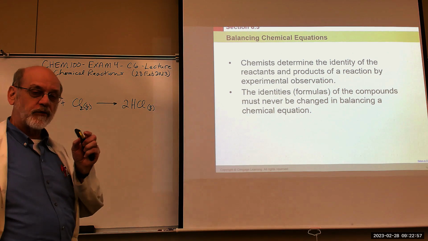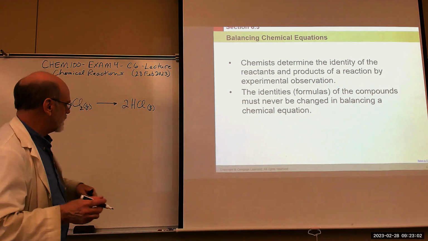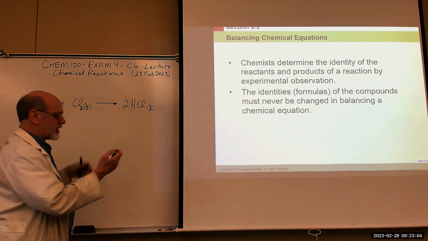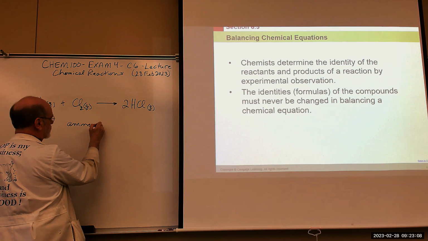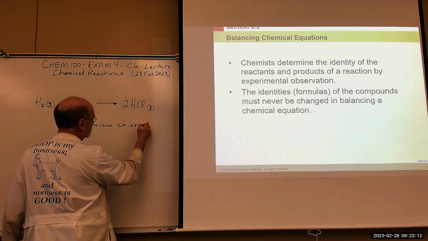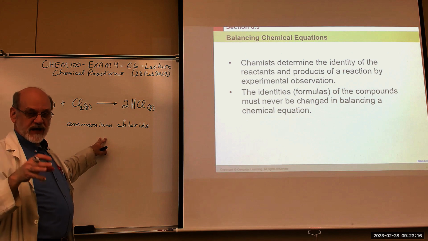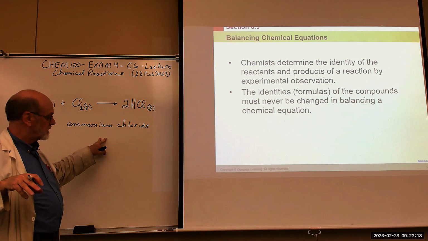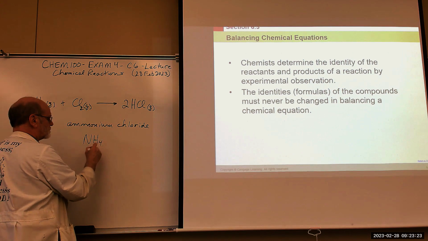Then you have to write the formulas correctly. If I give you a name, like if one of the products is like this one, ammonium chloride, right? We studied in previous chapters how to write compounds. So what is ammonium? Ammonium is a polyatomic ion, right?